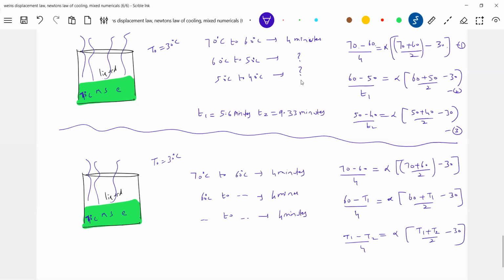Okay, T1, T2 are unknown. Dividing equation 1 and 2 will get the T1.